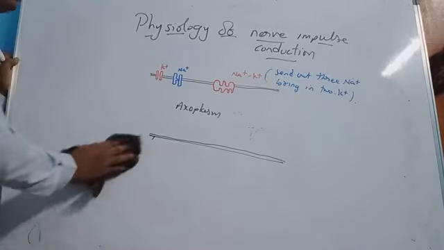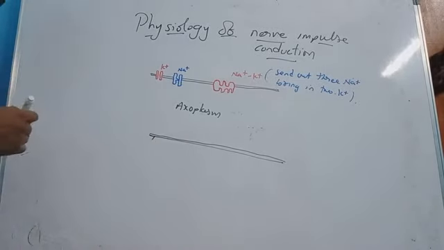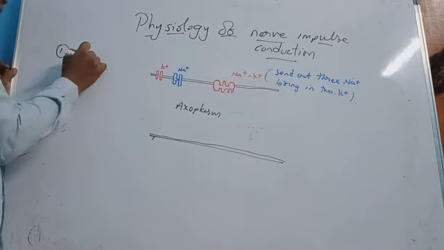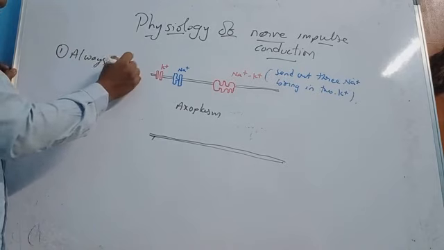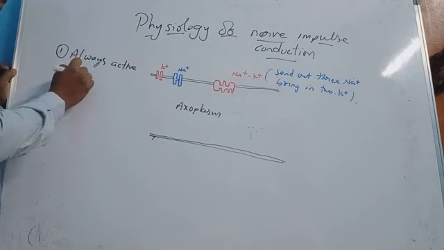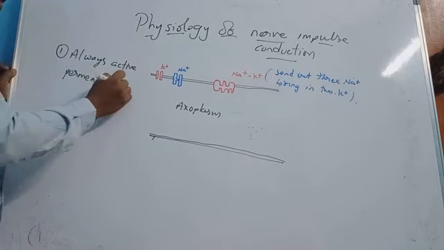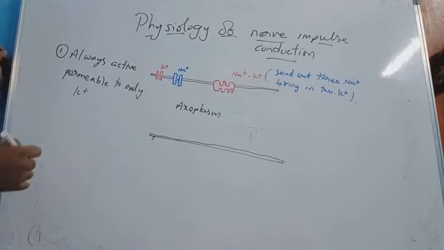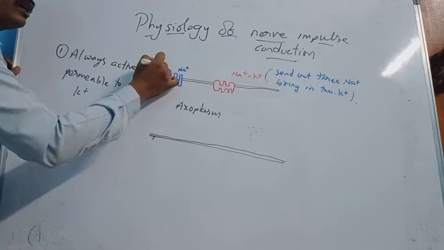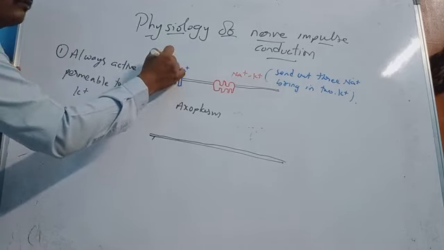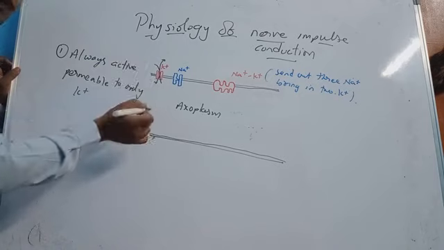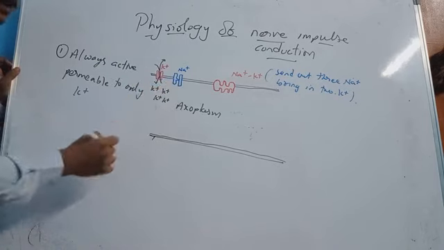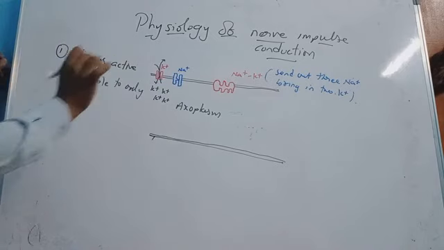For example, if you think that these potassium channels are always active, that means they are permeable to only potassium, as the name itself indicates, and you can have the influx, or the outflux, of potassium always. So we can have the potassium ions coming in or going out easily, so there is no problem.